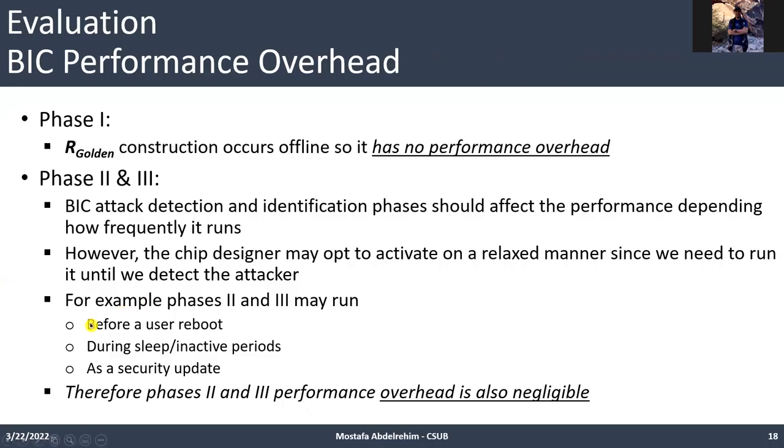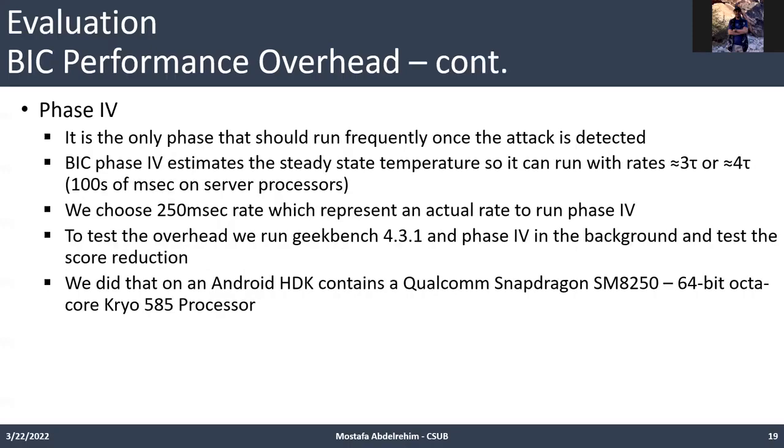For example, we can run these phases before a user reboot, or during sleep or inactive periods of the device or the processor, or, for example, as a security update. So the user will accept the running of such phases. So again, phases 2 and 3 have a negligible overhead, but maybe phase 4 has some overhead.